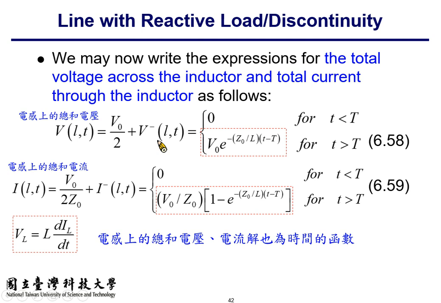And 6.59 is the total current. That would be the sum of I plus and I minus signal. So as you can see here, it's just V0 over Z sub 0 times this. So they should comply with this relationship if you substitute 6.59 and 6.58 here.